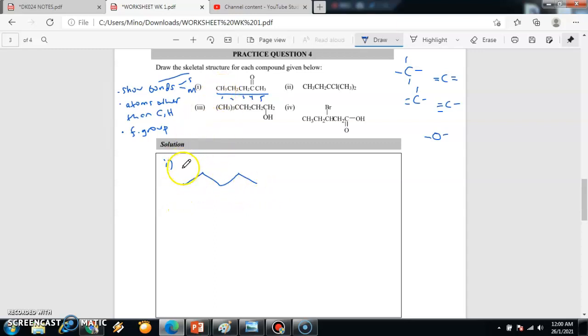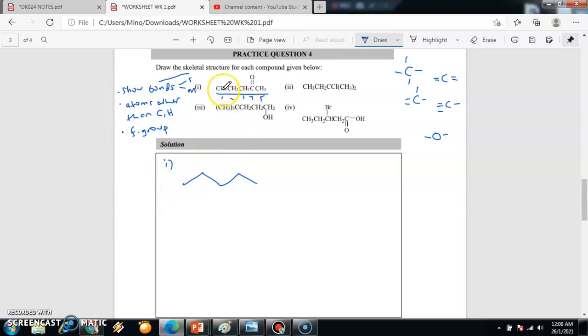Carbon yang pertama dan kedua ada single bond, kedua dan ketiga ada single bond, ketiga dan keempat ada 1 single bond, and also keempat dan kelima ada 1 single bond. So carbon yang pertama ni dah ada 1 single bond, and then another 3 bond dengan hydrogen. So hydrogen tu tak perlu tunjuk.